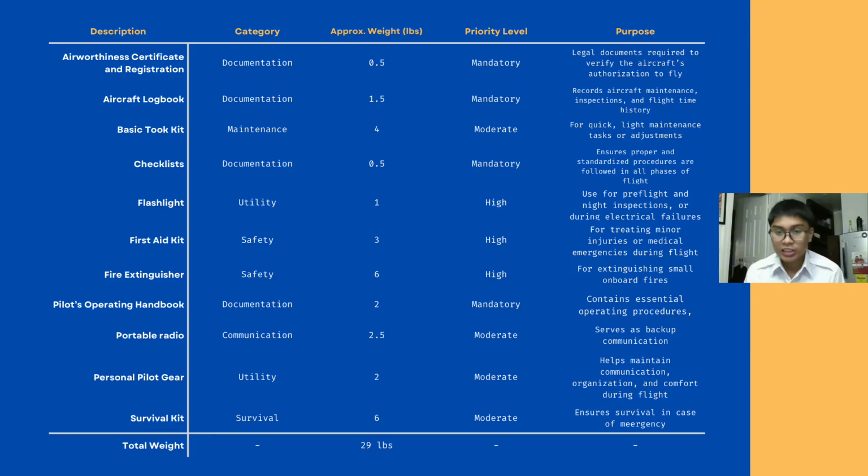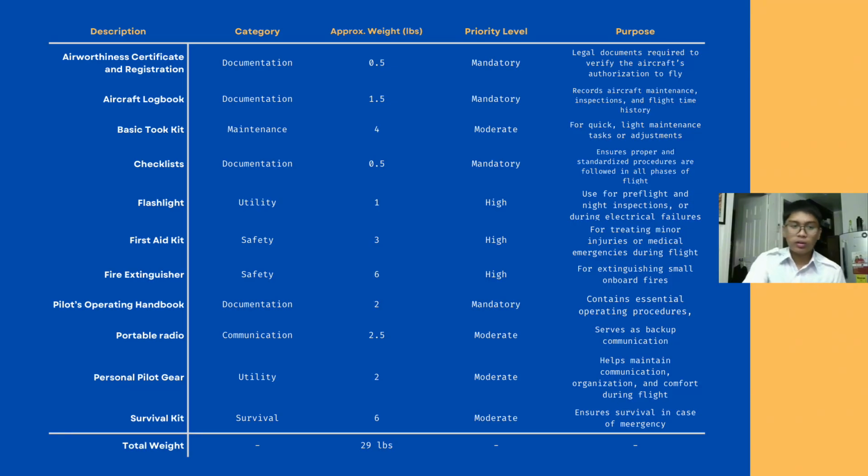Personal pilot gear is moderate as it helps maintain communication, organization, and comfort during flights. And survival kits are moderate. It ensures survival in case of emergencies. So the total weight of this is 29 pounds, which is in the range of our needed weights.